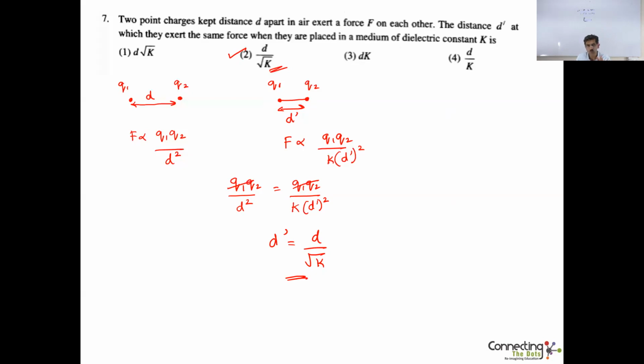Later on, they were moved to a different medium where the dielectric constant was K. But to exert the same force on each other, they are now at a distance of d dash. So what is the relationship between d and d dash? That is the question. By equating the 2 forces and eliminating Q1 Q2, you can get the relationship between d and d dash. And that is option number 2.